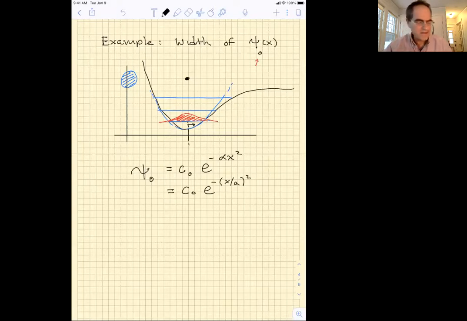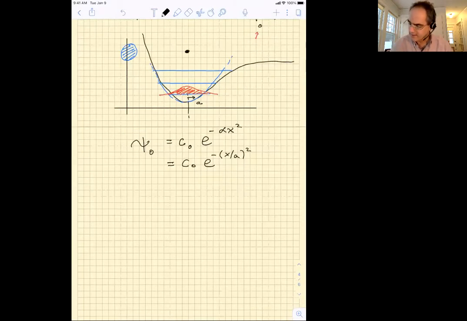Then a becomes like an actual width with units of meters, almost like the penetration distance that we've calculated before. And so our goal will be to find out what a is. Notice that when we move away from the equilibrium position by one factor of a, the amplitude of the wave function drops by one factor of e. So that's what that's telling us.